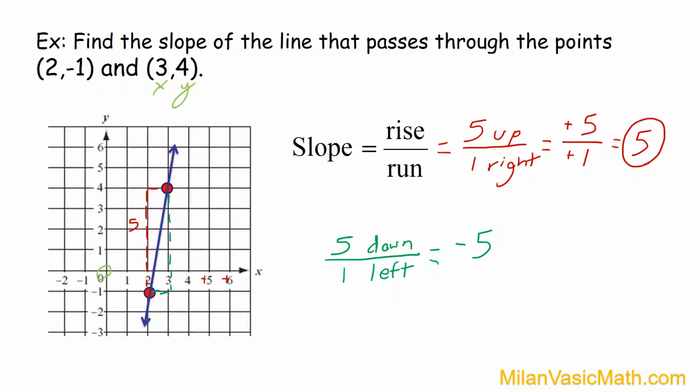You can see with these numbers over here, they're negative. And left is also negative. So -5 divided by -1, negative divided by negative is positive. Either way you do it, you get the same rise over run, same slope.